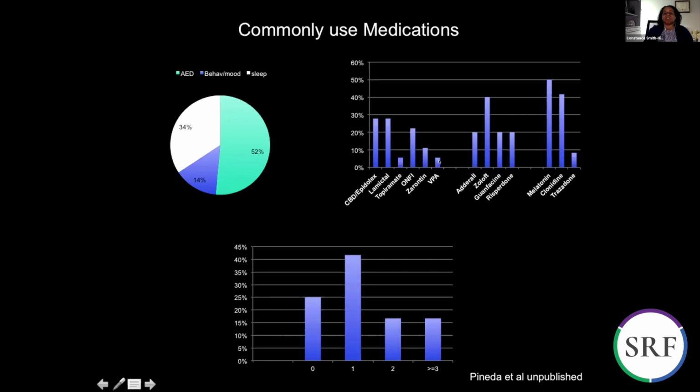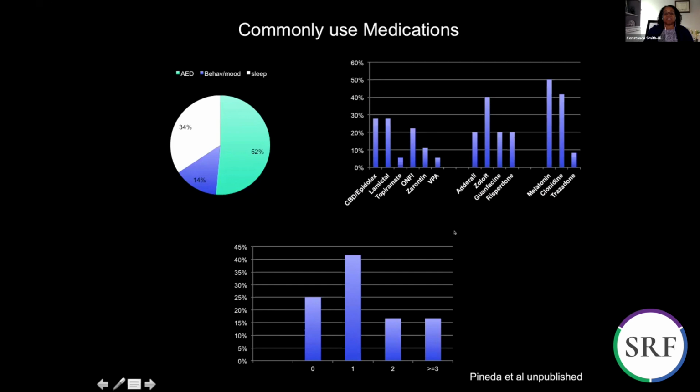Few of our patients were on valproic acid. Agents that are commonly used to target the behavioral phenotype included Adderall, sertraline, the alpha-adrenergic guanfacine, and risperidone, with melatonin being the most commonly used to target sleep, followed by clonidine and trazodone.